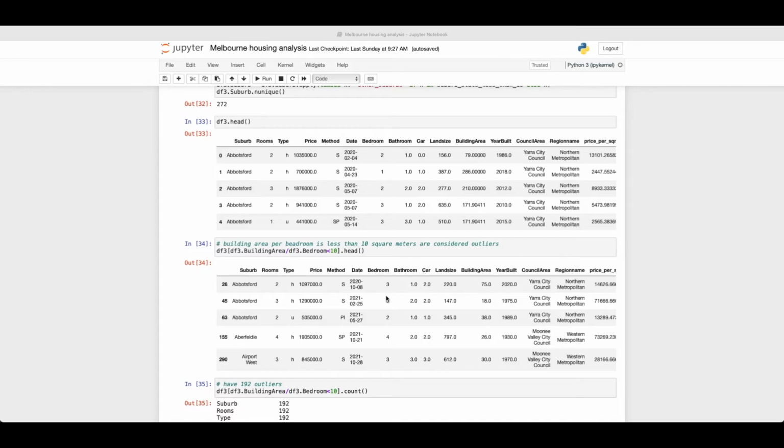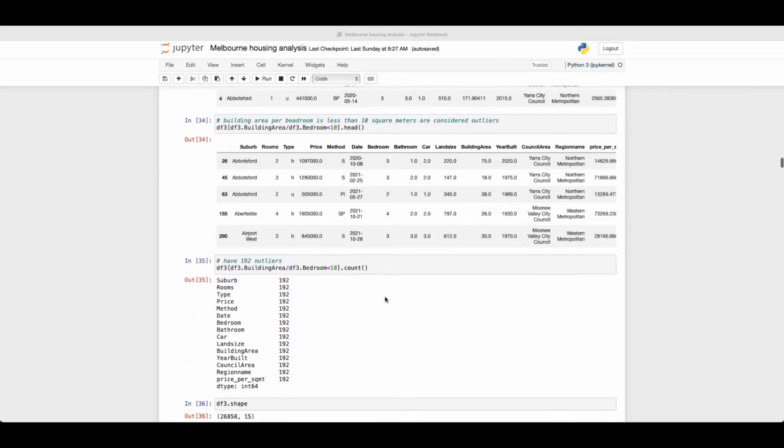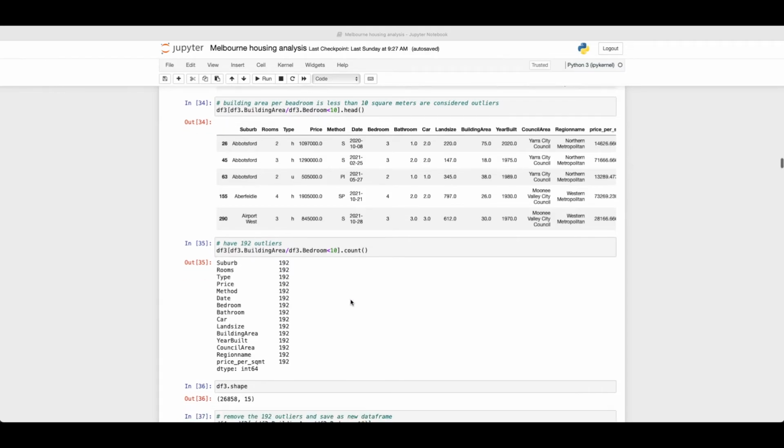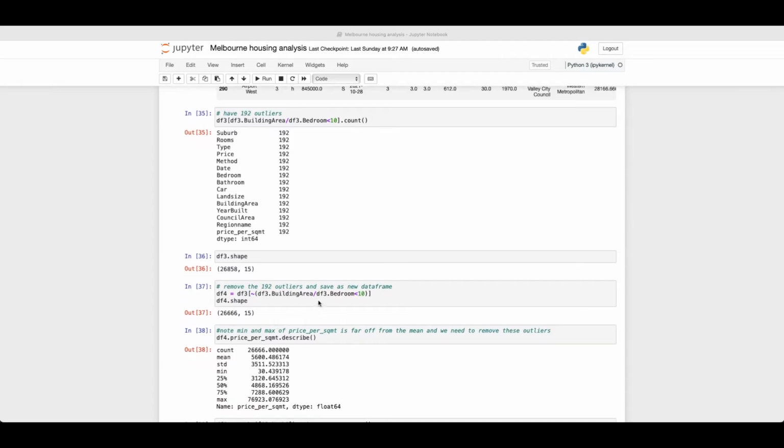In this case, it could be a typo, or they made mistakes when entering the data. So we consider them outliers. We remove them. I counted how many of them. There's 192 outliers here, and I basically just filtered out all those 192 outliers and saved them as data frame 4.